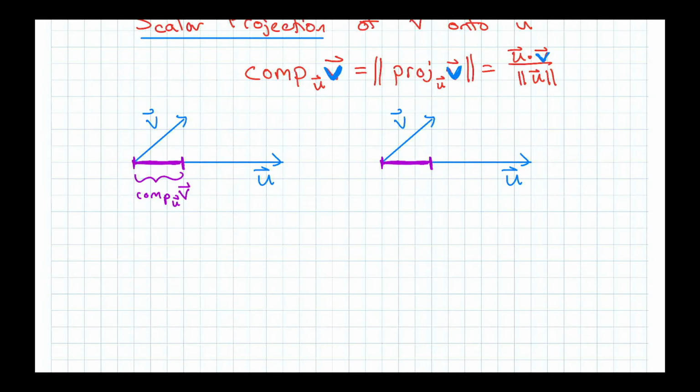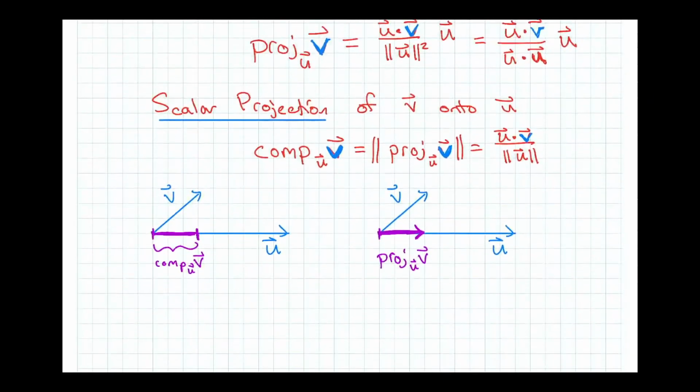And if you actually write it as a vector, it's the projection of v onto u. Okay, and so that's the notation, and those are what the pictures are.